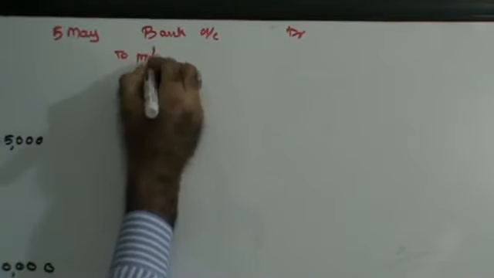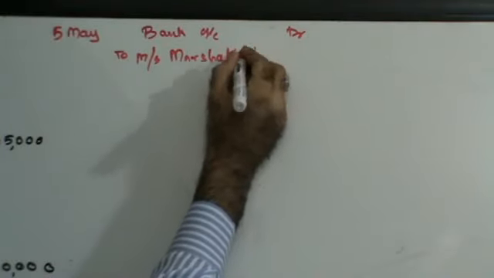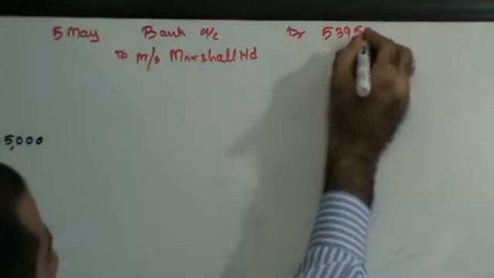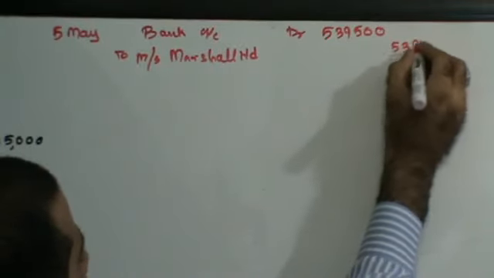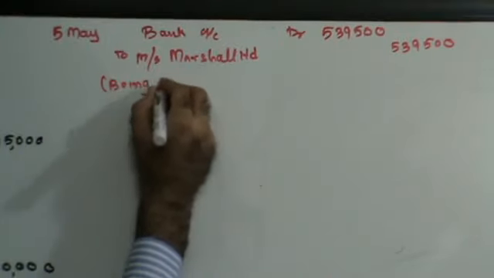Debit the receiver, credit the giver. Right? So in that case, here your giver is Messrs. Marshall Limited. Right? The amount is $13,000. You've received the entire amount in advance, and on 5th May the dollar rate was 41.5. 5,39,500 being advance received.